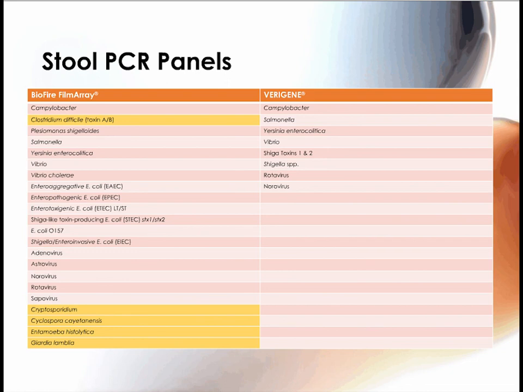C. diff for us wasn't really a concern because we have a different molecular platform and a completely different protocol for C. diff that we are not including in the stool panel. And also the parasites have a completely different clinical manifestation and epidemiological background that is important to take into consideration. So routinely testing for parasites in patients who don't have an epidemiological indication would probably not be adequate in many of the patients.